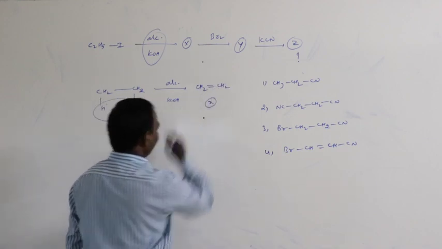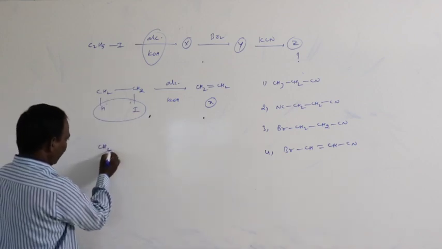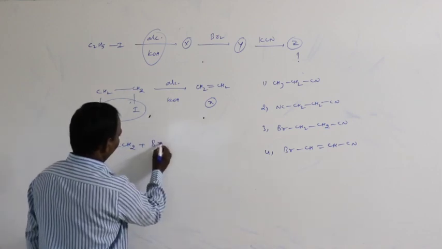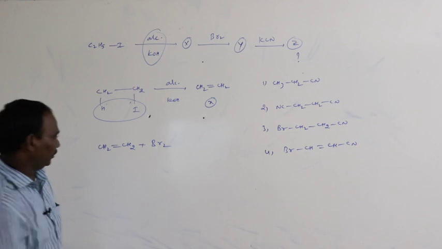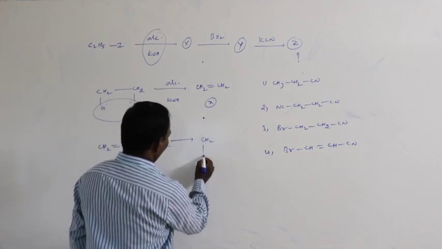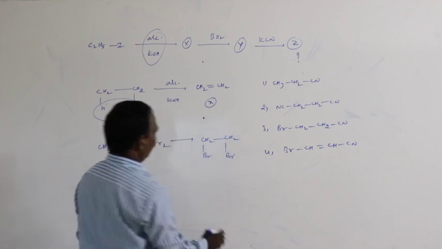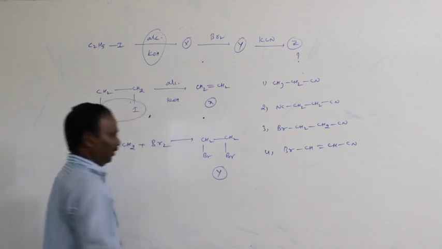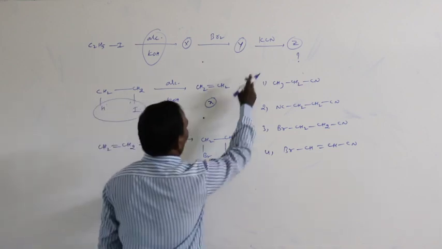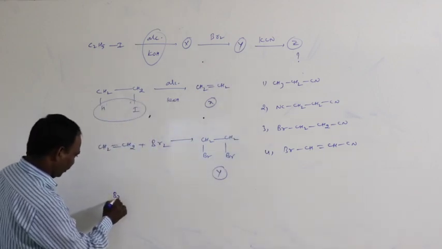It is X compound. Now this X compound CH2=CH2 reacts with bromine Br2. It gives CH2Br-CH2Br. This is Y compound, dibromoethane. Now this dibromoethane is treated with KCN, potassium cyanide.